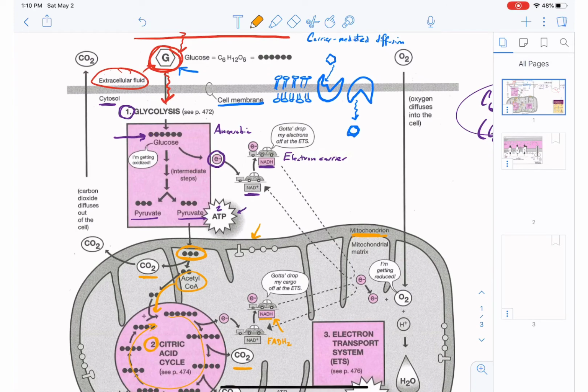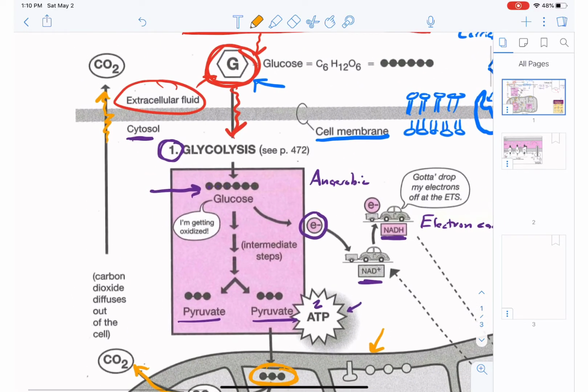And that's what this is showing. CO2 moves out of the mitochondria, and what's going to happen is it's going to diffuse out of the cell. Now, how does carbon dioxide diffuse out of the cell? Well, that occurs by simple diffusion. Carbon dioxide is a small molecule.